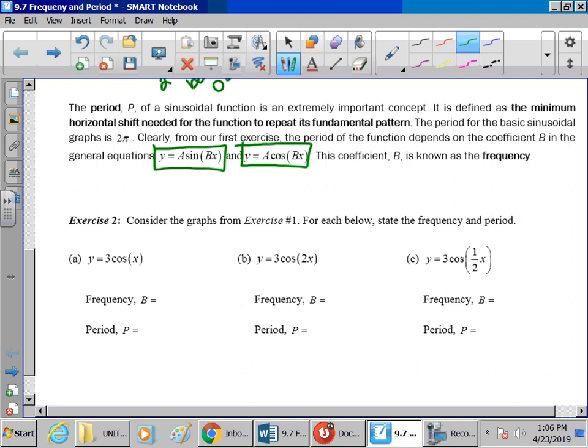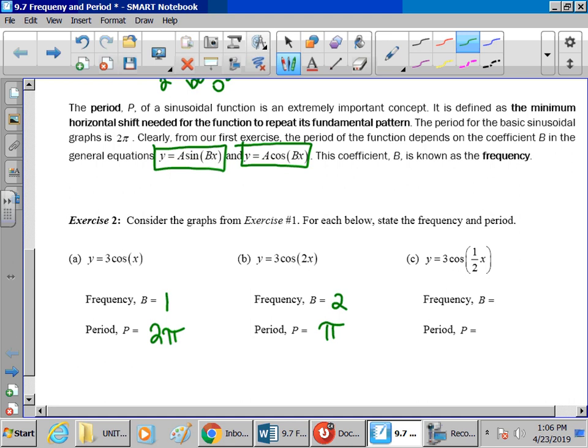So the frequency, we just talked about it, b in this case is equal to 1. And this is what we talked about, that the period would be 2 pi. The frequency for the second one was 2, because b is 2. And the period here was a complete curve between 0 and pi.